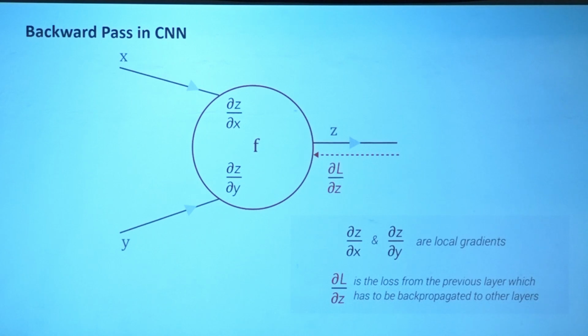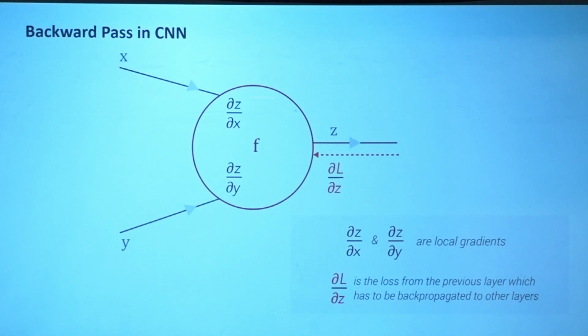This is the derivative of the loss from the previous layer, which has to be back propagated to every other node up to the inputs. This is what we need to back propagate. So this dou L by dou z is the loss from the previous layer. That is very clear.